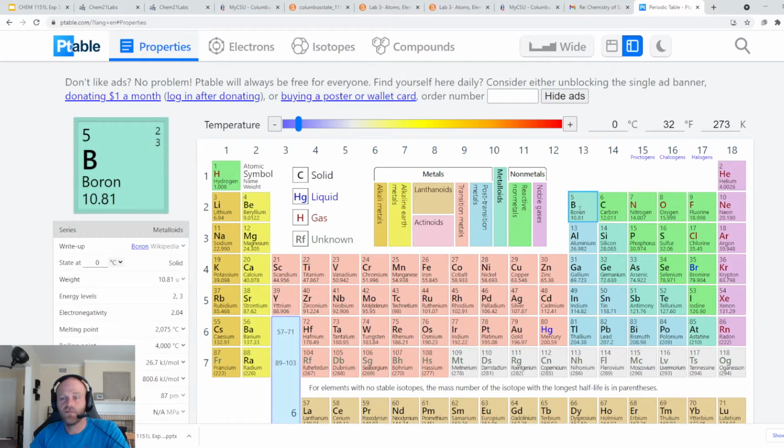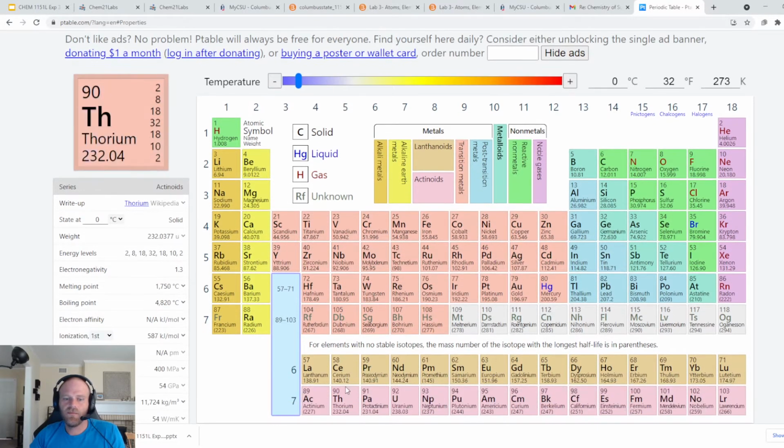All of these from boron to neon are in the P block. Notice that there's 6 electrons. So the P orbital can only hold 6 electrons. The S orbital can only hold 2 electrons. The D is the transition metals from here to here. That's 10 electrons. And then here are the F, and that's 14.